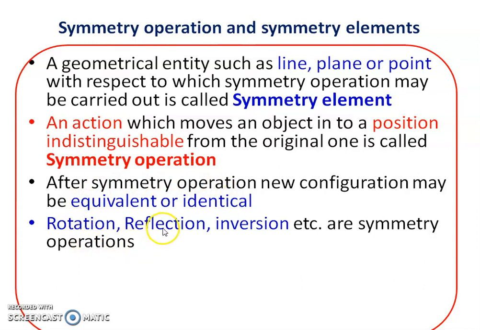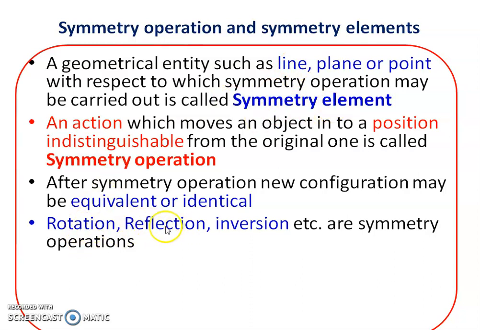Rotation, reflection, inversion, such types of actions are the symmetry operations. For example, whenever there is a rotation, there must be an axis. Rotation is carried out along the axis. So in this rotation symmetry operation, there is involvement of a line, which is a symmetry element.